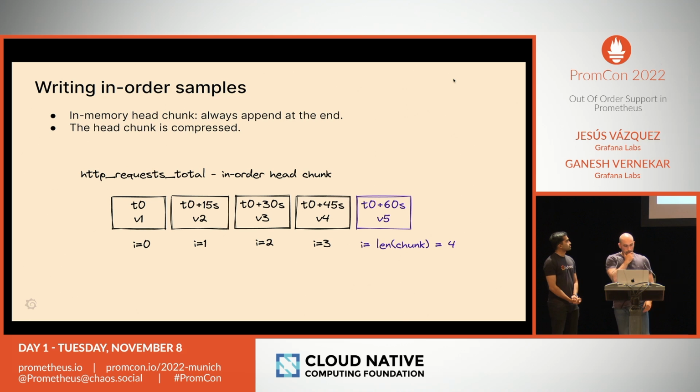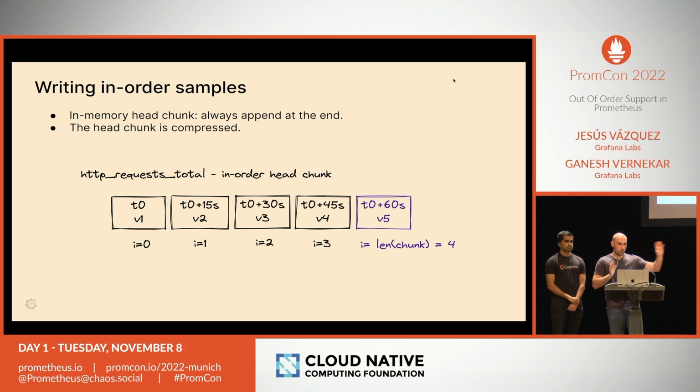So the first thing we looked at in the TSDB was how writes are happening right now. And what we saw is that for a single series, in this case, HTTP request total, there was an in-memory head chunk where samples were being appended. Because Prometheus made the assumption that every new sample was newer, we could always append at the end.